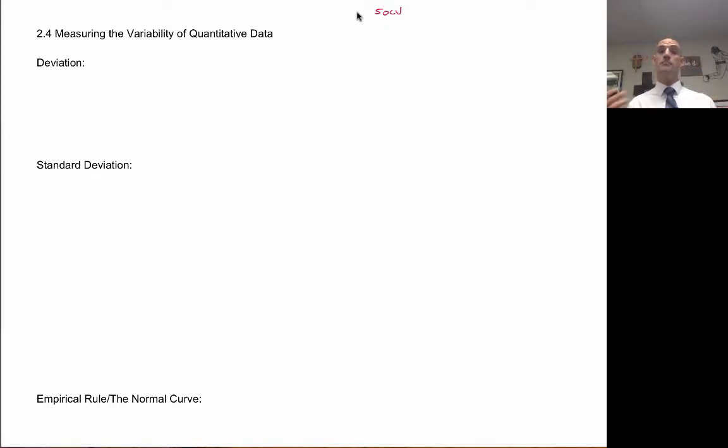So as we look to measure the variability, we need to talk about the concept of deviation. Deviation is how much a data observation differs from the mean.